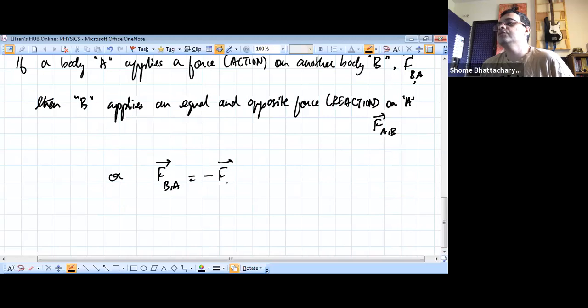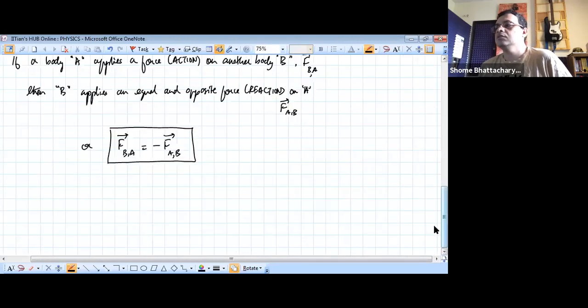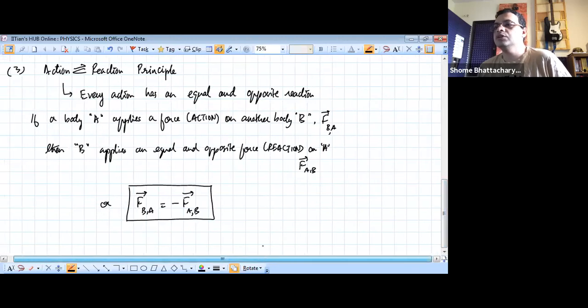It is minus of the force applied by B on A. Minus means equal and opposite vectors. So this is the detailed explanation of Newton's third law.